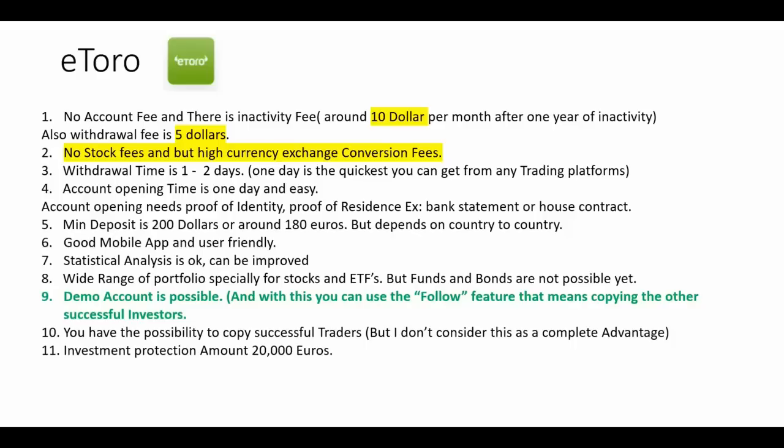Why? Because, just my opinion, sometimes you might copy a successful investor who was successful in the last 5 or 6 months, and maybe he started in the last 5 or 6 months, and he might be having a beginner's luck or just being lucky, and you saw, oh my god, he earned so much money, so let me copy his account.